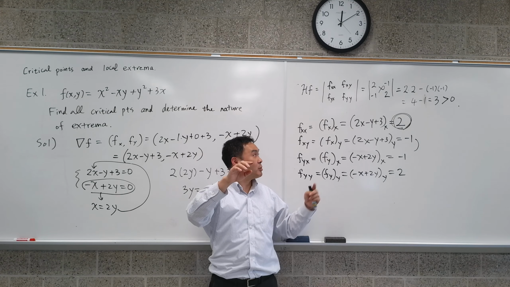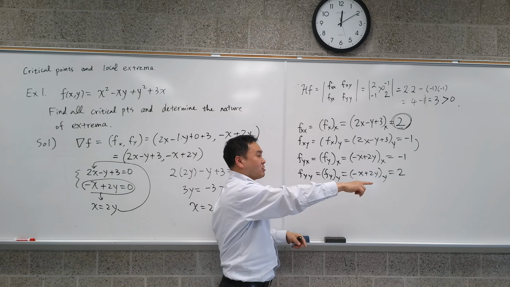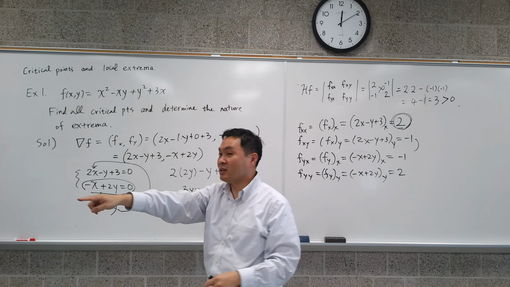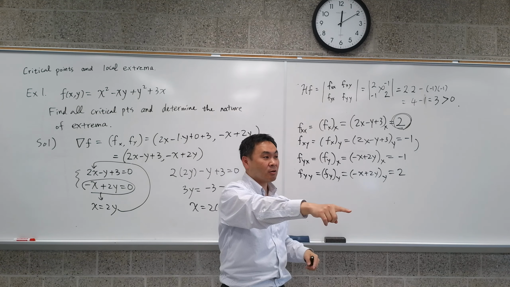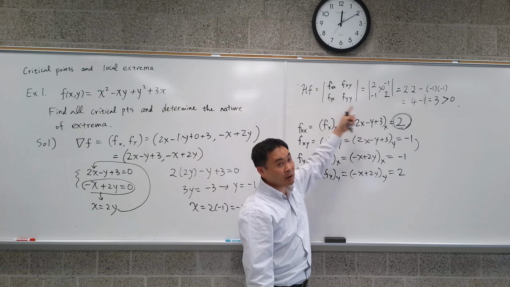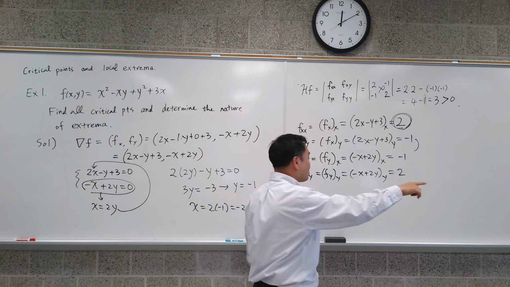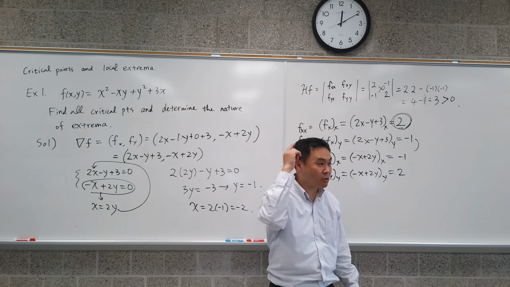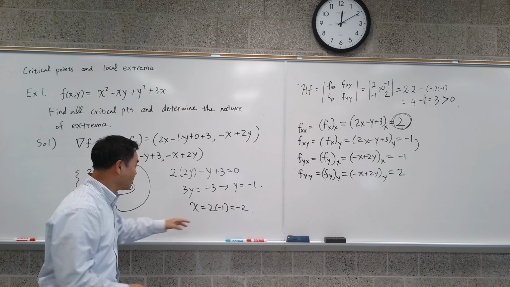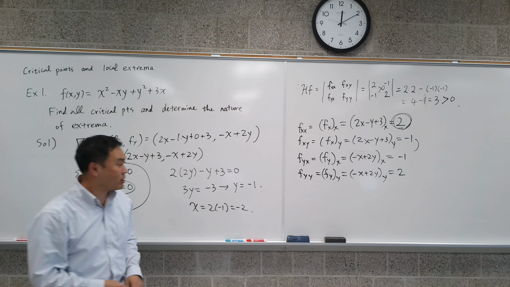But then if the Hessian is positive, then regardless of the direction, if you go 360 degrees, any direction that you go, the second partial will always be positive. That's what the Hessian being positive guarantees. Since it's a smiley face 360 degrees, that means this point that we just found, negative 2, negative 1, is a minimum, a relative minimum.